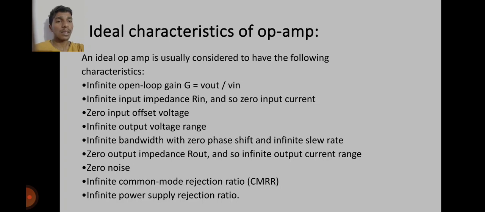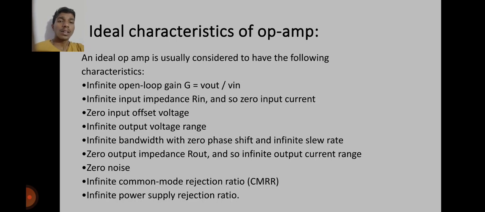The slew rate is when the input changes, the output also changes accordingly, and an ideal op-amp has infinite slew rate. Hence for the ideal op-amp the input impedance is infinity and the output impedance is 0, with infinite output current range and no noise.